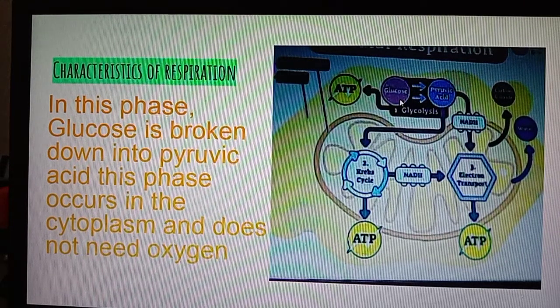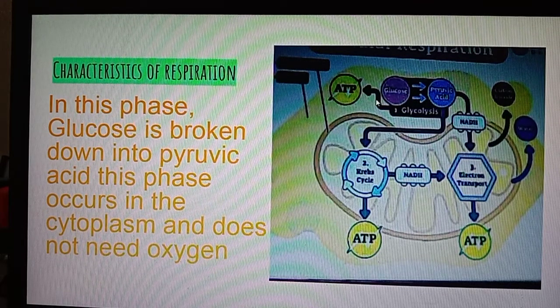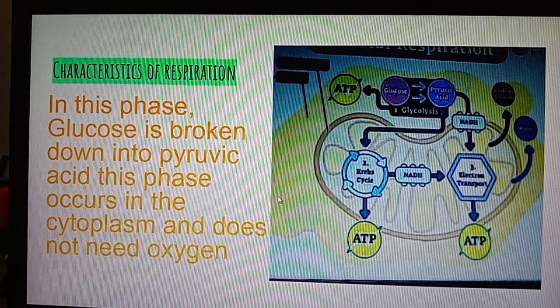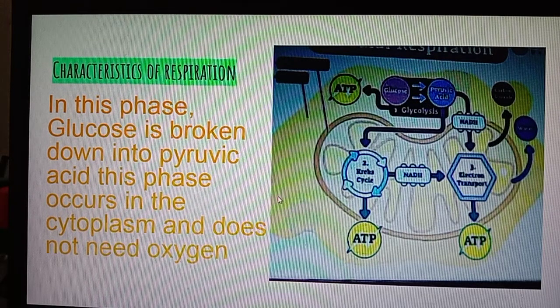Here you can see in the diagram glucose is broken down into pyruvic acid, and this is known as glycolysis. And where does this phase take place? In the cytoplasm of the cell. And in this phase there is no need of oxygen, means oxygen is absent.